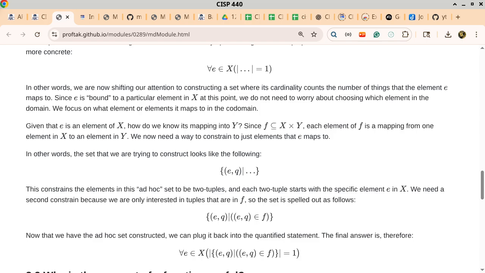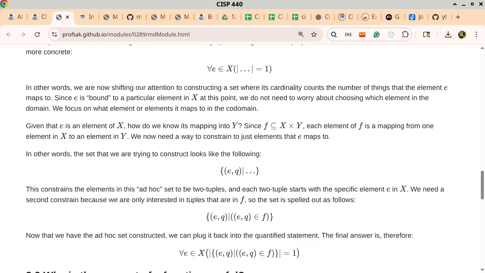All right. So now the next question is, what do we need to qualify in order for this particular two tuple to be a member of this set? And that's not too hard, which is just this, okay? We are looking for a set where each element is a two tuple EQ. The value of E is given to me by somebody else.